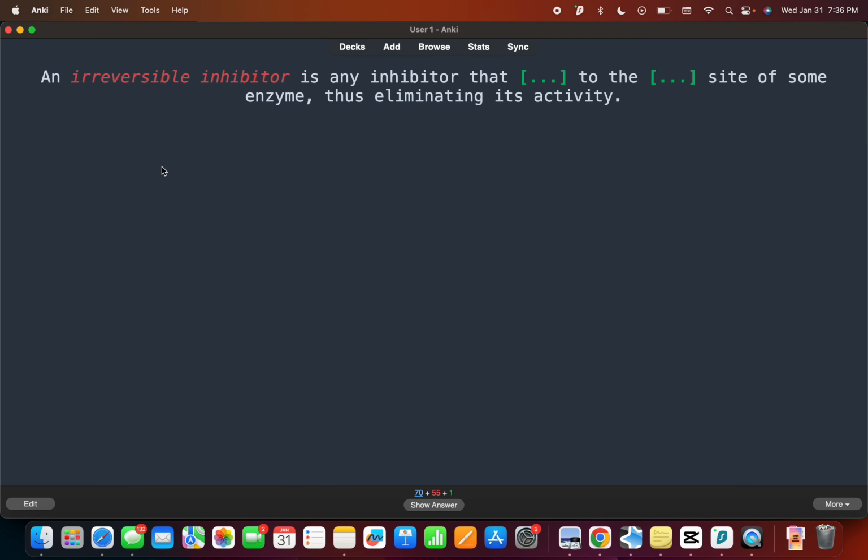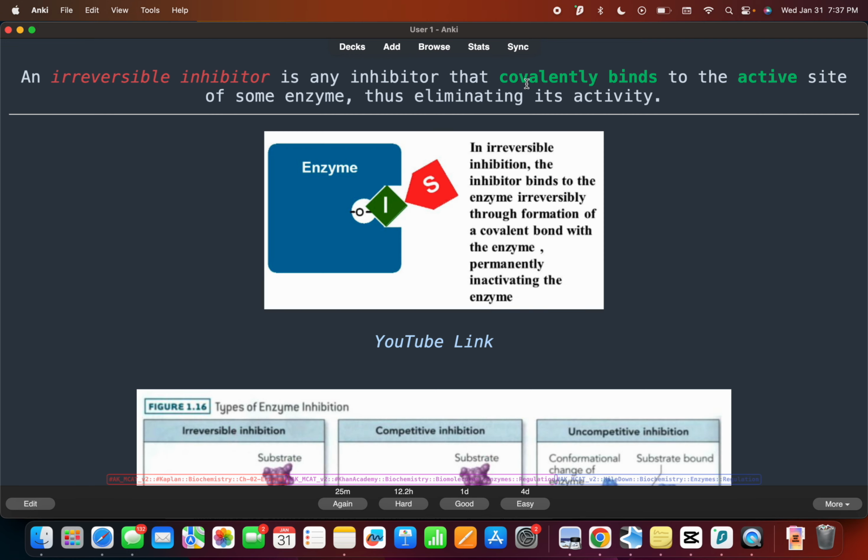Then we have an irreversible inhibitor, which is any inhibitor that is what? Binds to the active site of some enzyme, thus eliminating its activity. That blocks, covalently binds to the active site. Covalently. So we're talking about covalent bonds, like acid-base stuff like that.